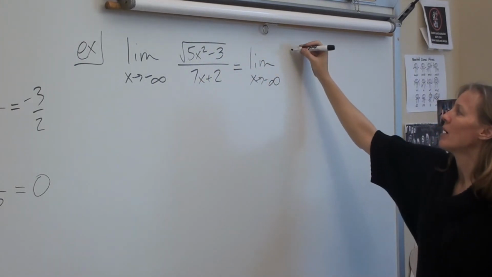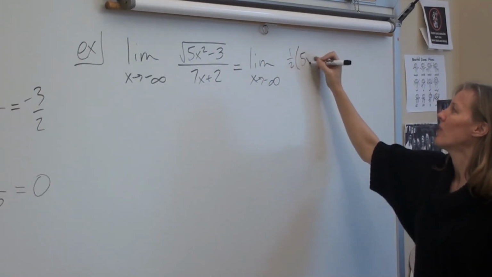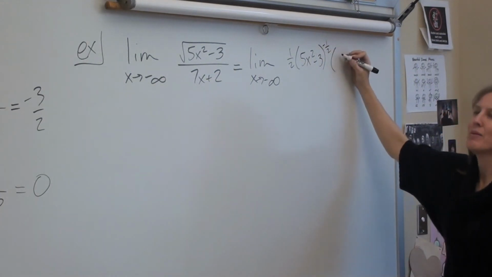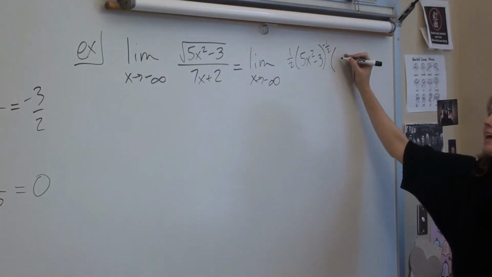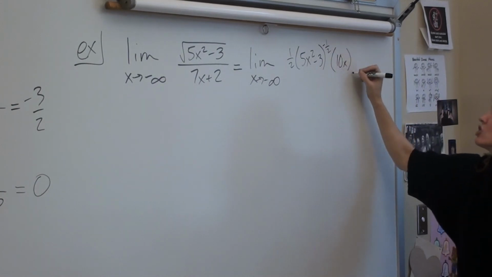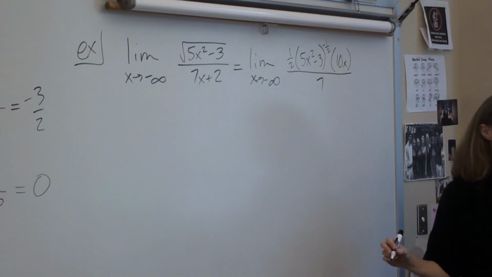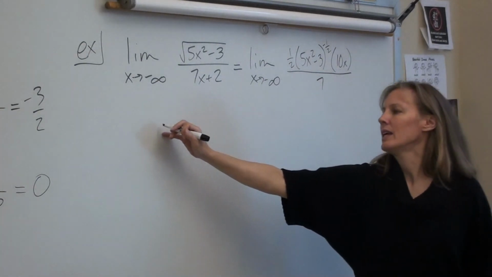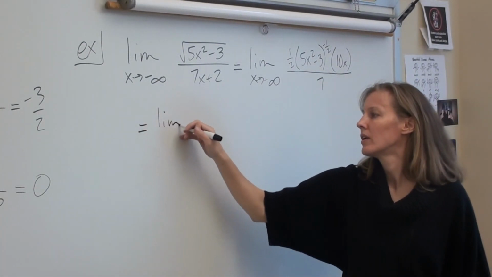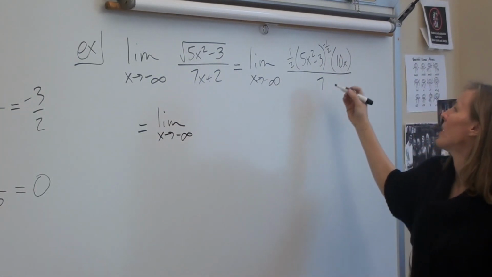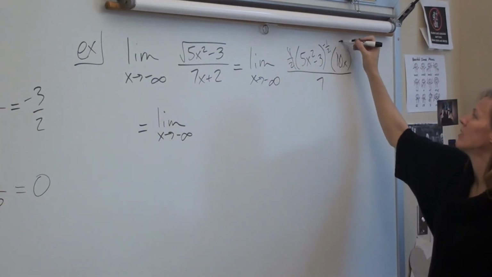So we get on top 1/2 times 5x squared minus 3 to the negative 1/2 times what? 10x, chain rule, over 7. Cleaning it up, here's what we get. On top, I'm canceling the 1/2 and the 10 and getting a 5.